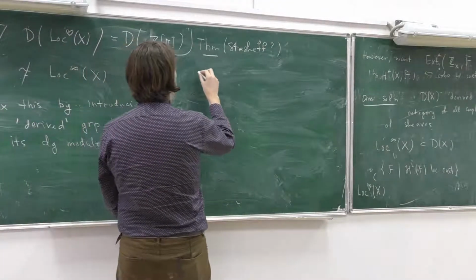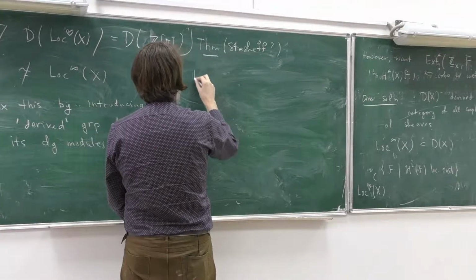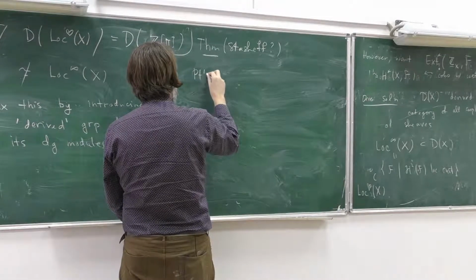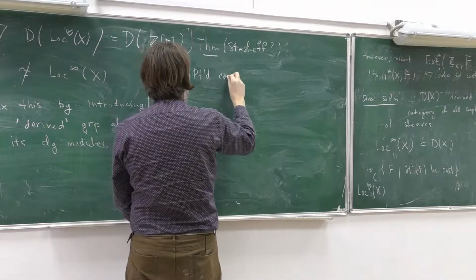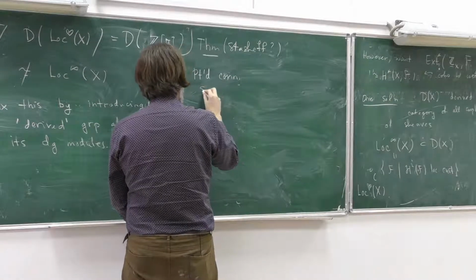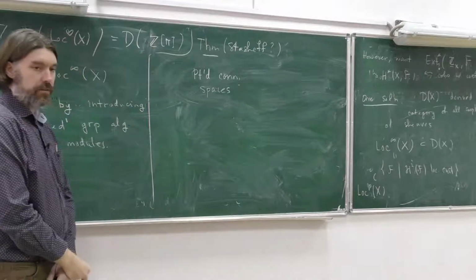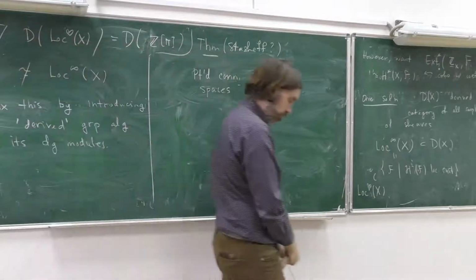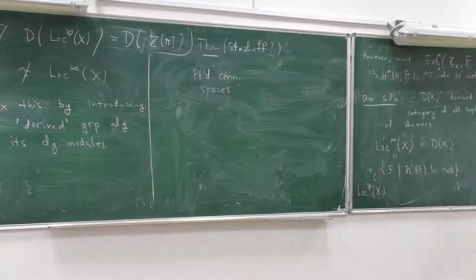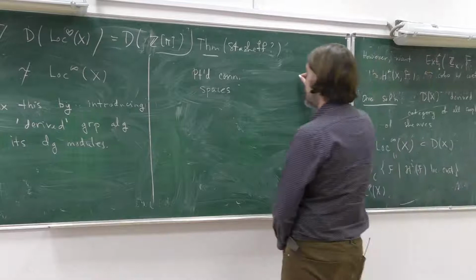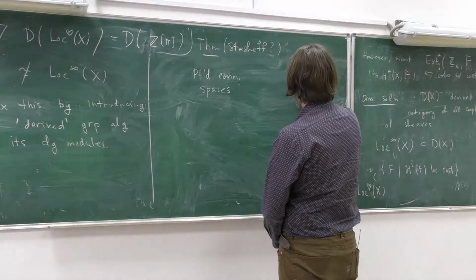So consider pointed connected spaces as a category, with pointed maps, and here consider topological groups.